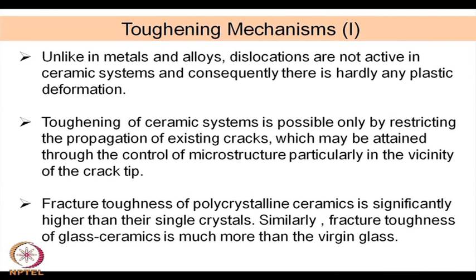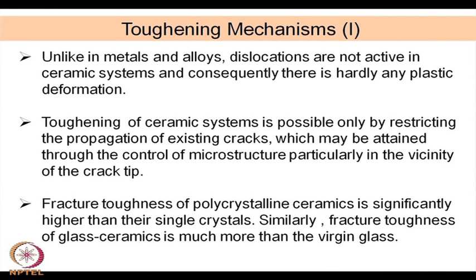Toughening of ceramic systems is possible only by restricting the propagation of the existing cracks, which may be attained through the control of microstructure, particularly in the vicinity of the crack tip. In metals and alloys, when you try to toughen or strengthen a material, primarily we restrict the movement of the dislocations.